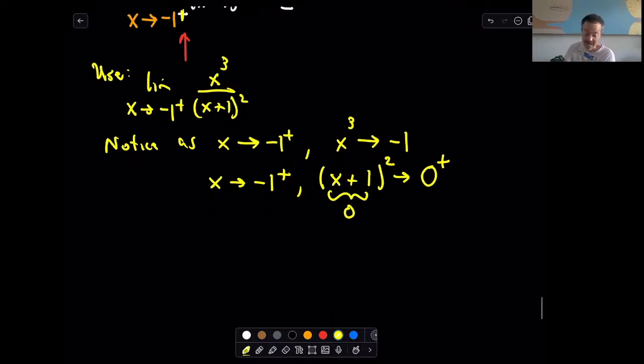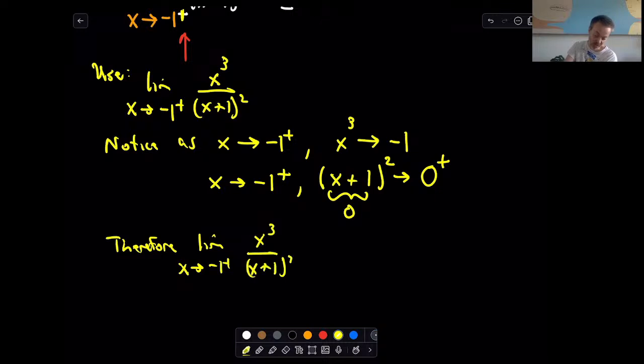And therefore, I could just conclude that the limit as x approaches -1 from the right of x to the third over x plus 1 squared is going to equal -infinity. That's what it tells me. I've got something getting close to -1 in the numerator, and it's getting close to 0 but positive in the denominator.